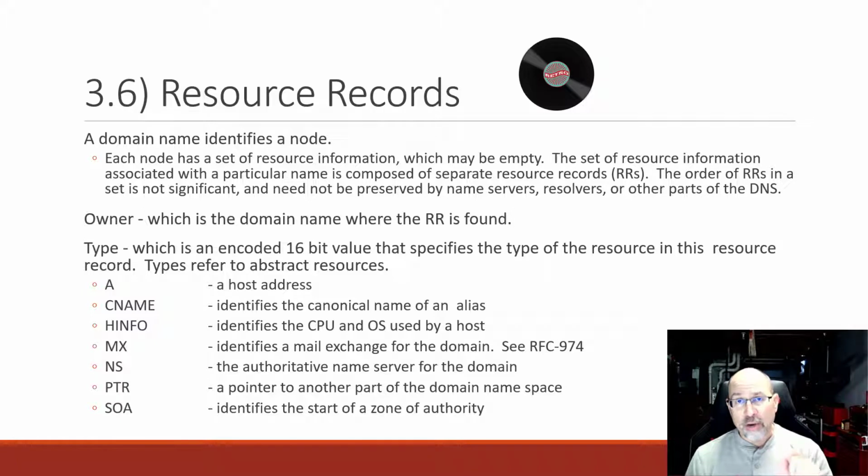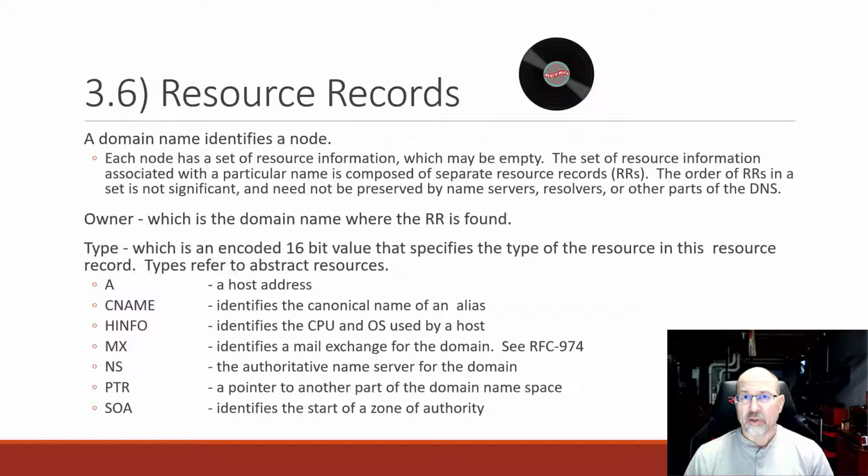And when a query comes in, a query is of a particular type. And so we're looking for a particular type of information from the name server. And so this is what the resource record is all about. What are you looking for, and do I have that kind of information?